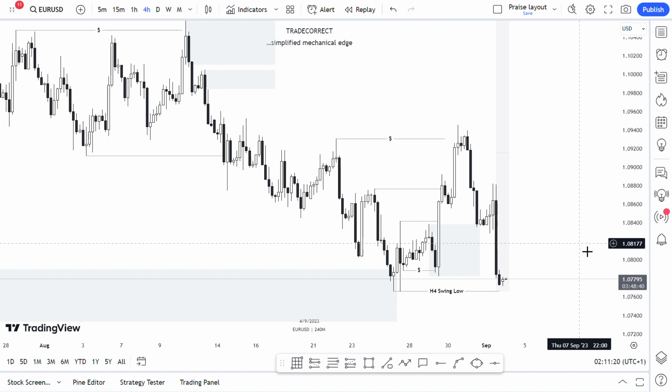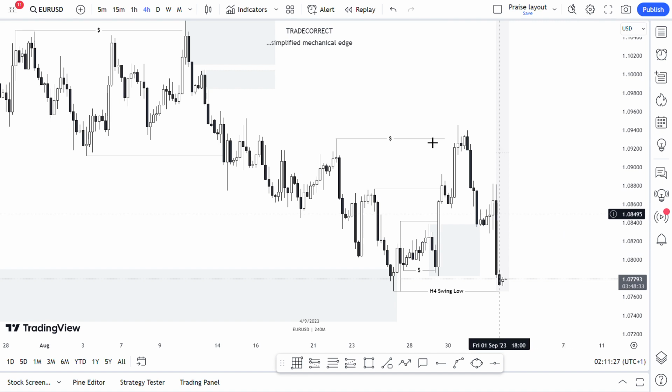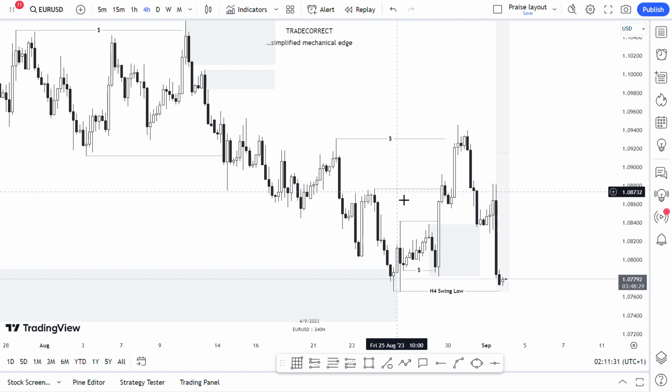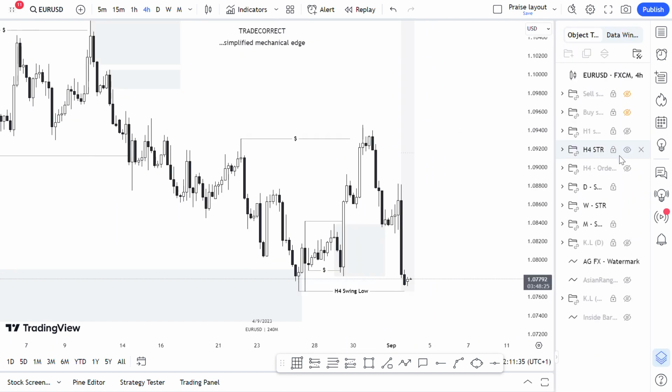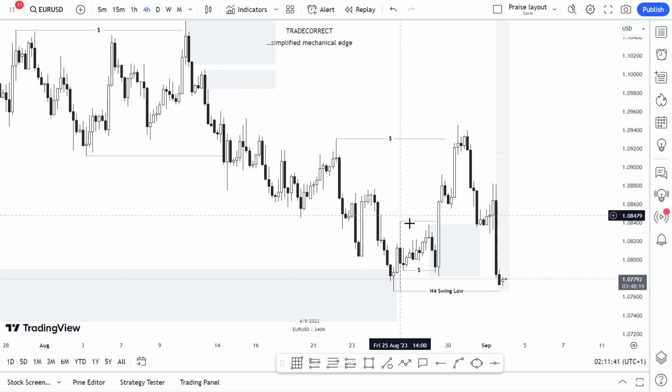Price is actually respecting the daily and the weekly supply flip zone. So price swept this high on the daily chart. Let me delete this stuff, it's messy and unnecessary.